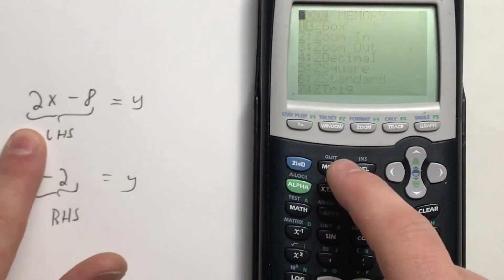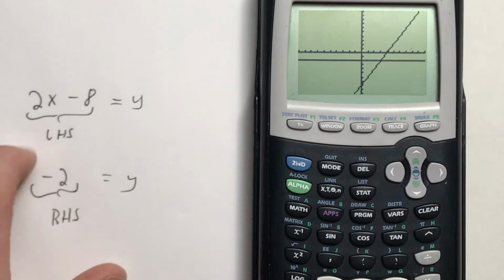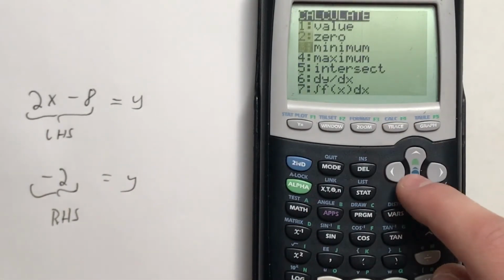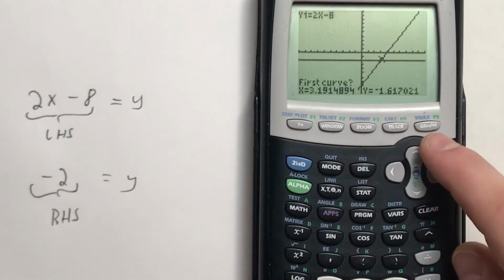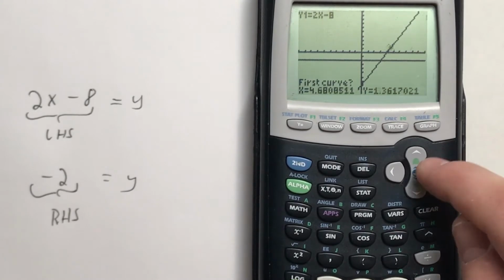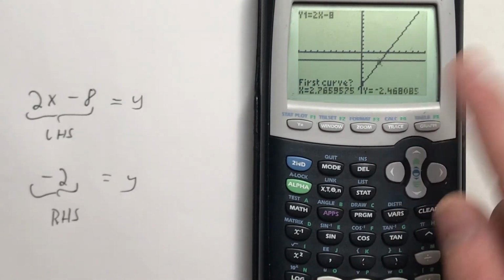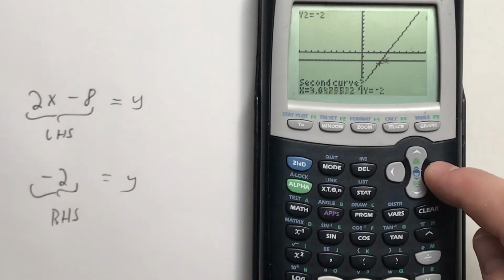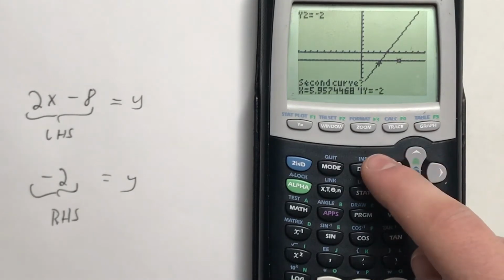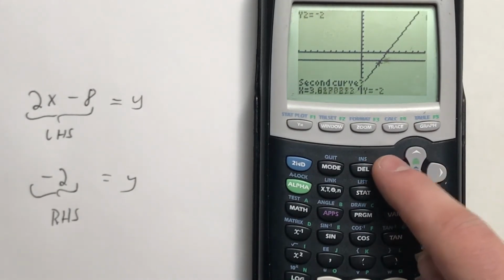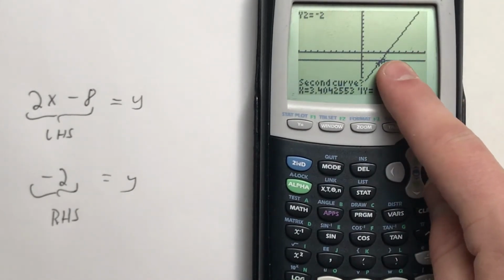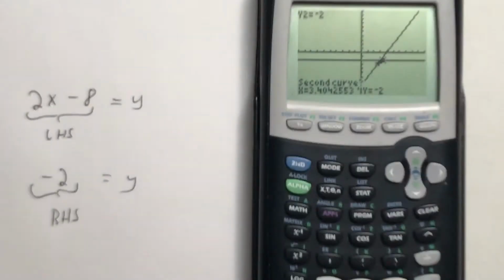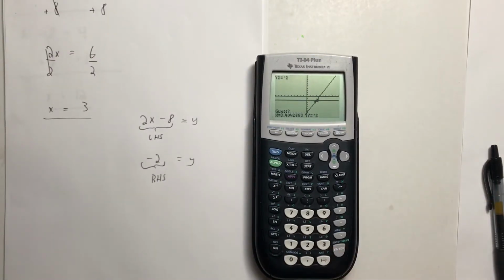Whoops, my apologies. I'm going to have to restart this process. If you press something that messes it up, you have to restart. Okay, so first curve, we use our arrow keys to get the cursor right there and press enter. Second curve, it's the same idea. Now the cursor is on the second curve, so we move it right around where the intersection is, and we always press enter after that.